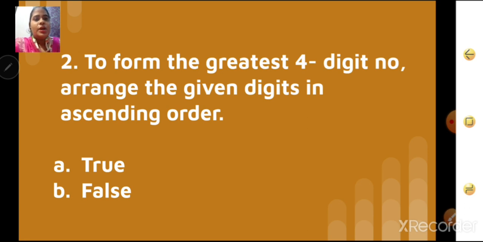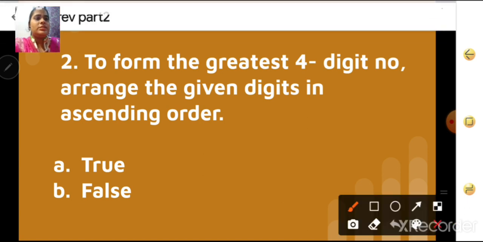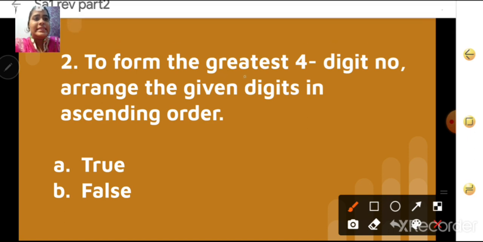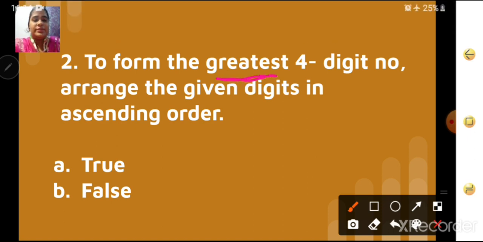Next one. To form the greatest 4-digit number, arrange the given digits in ascending order. Now children, here what they have asked? To form greatest 4-digit number, it is greatest. Now while forming, how do we arrange the numbers while forming the greatest 4-digit number? We arrange them from bigger to smaller. Okay.